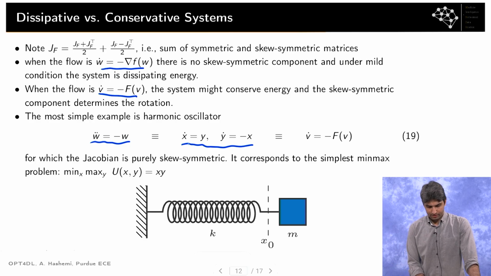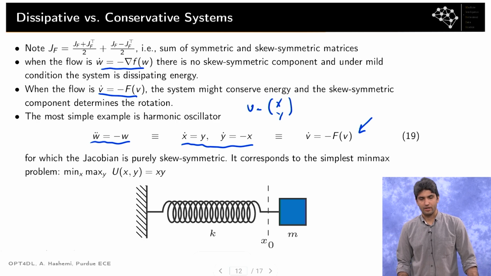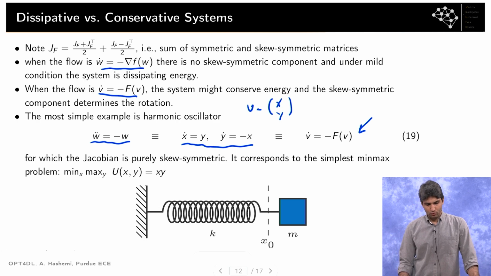And if you stack x and y, like we did in the previous slide, so let's define v to be (x, y), then we can write that equivalent in this form. This is exactly what we had in the previous case. And in this case, if you calculate the Jacobian, you're going to see that it is purely skew-symmetric. So what that means is that we have a system that is oscillating.